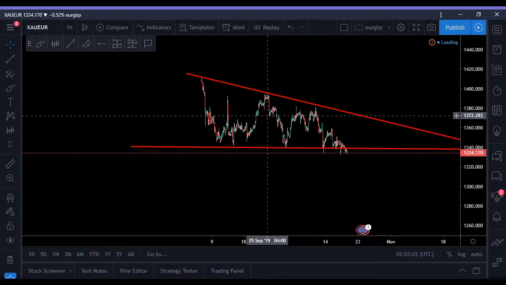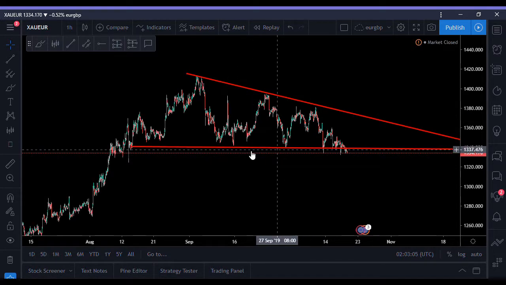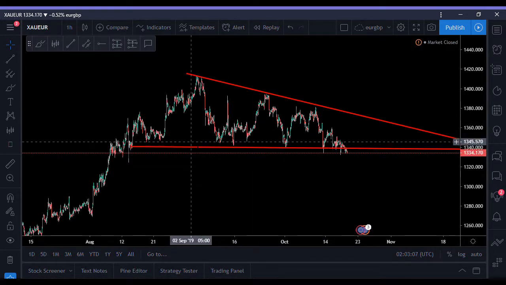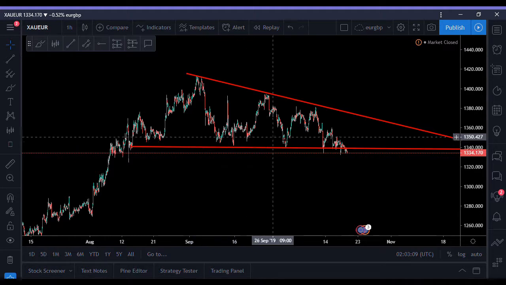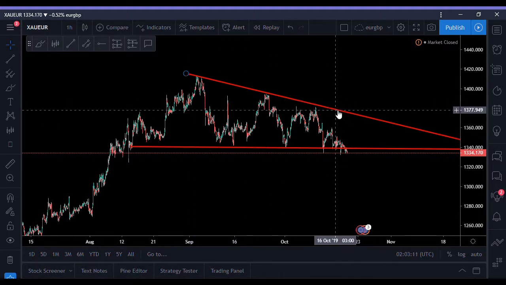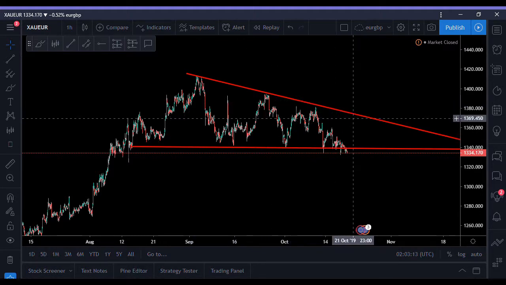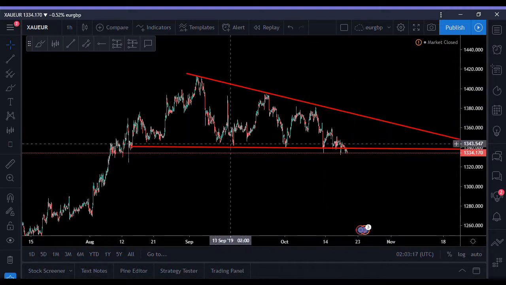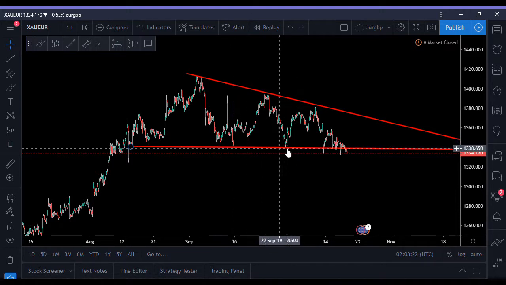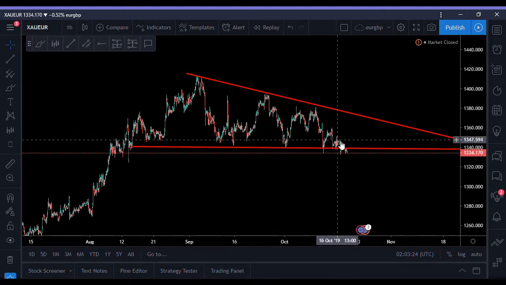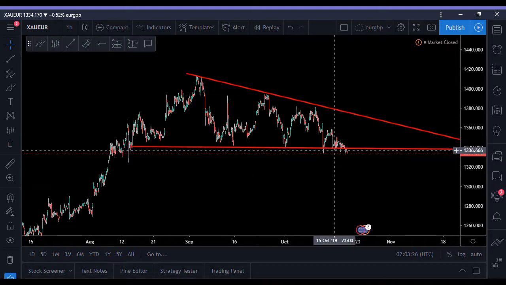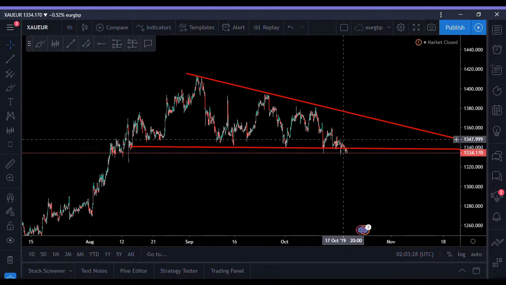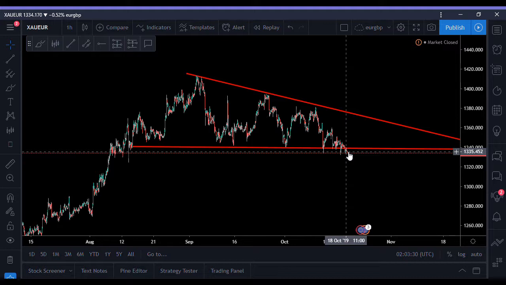As you can see, usually with a triangle, if price breaks to the upside, you wait for it to retest, and from there you can take your trade. In this case, it seems price didn't really respect this area. Here it broke, came back, slightly broke, came back, broke, came back, now it broke again.